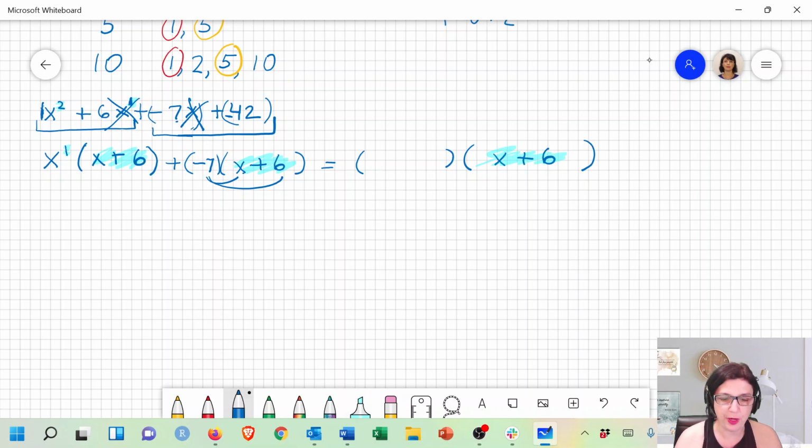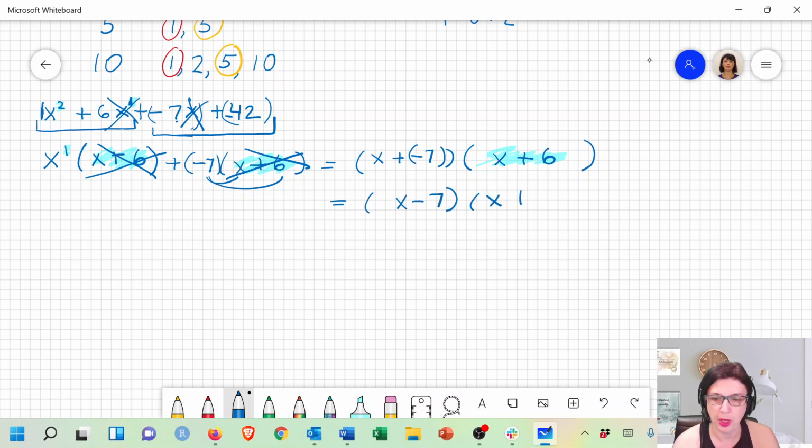Then everything else, whatever is left after crossing out what they share, we're going to put in the first set of parentheses. So we'll get x. You don't have to put x to the power 1. It's just x plus negative 7, which is the same thing as x minus 7, so that would be our final answer.